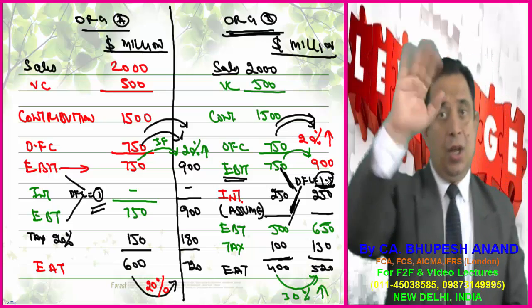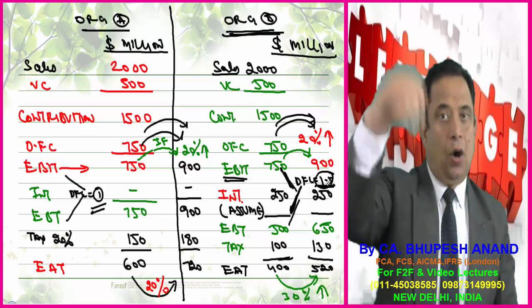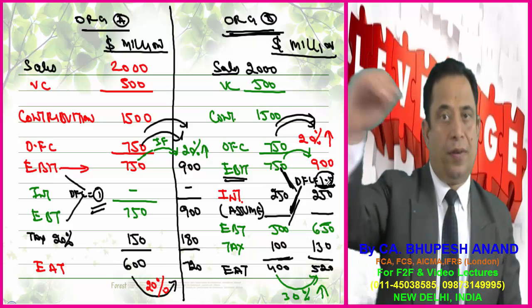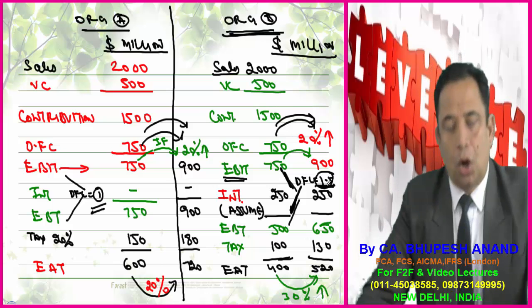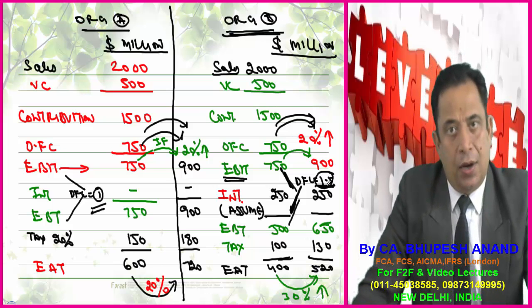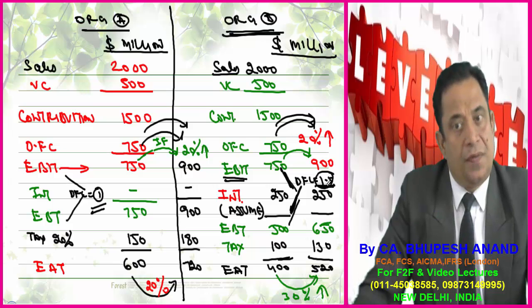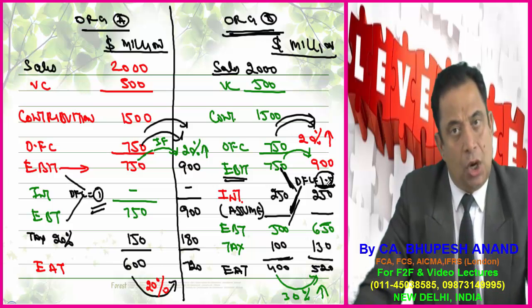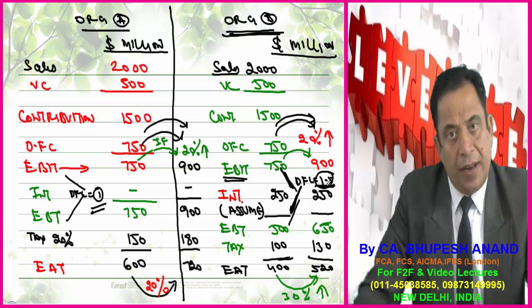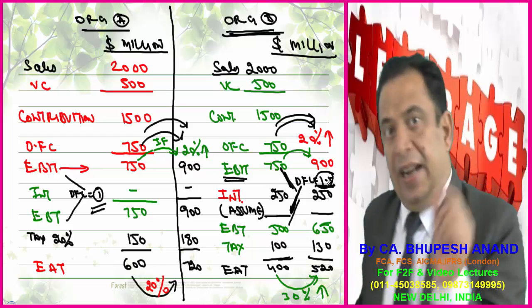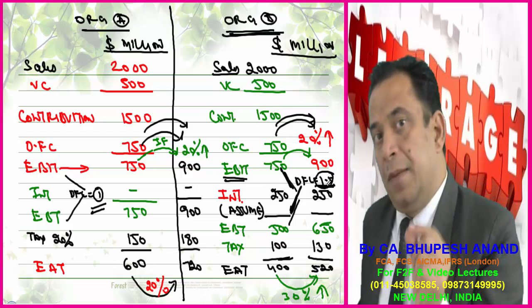My dear friends, today's lecture is on how financial leverage can magnify the effect of return on equity. Organization A and organization B. In organization A, the degree of financial leverage is 1, and in organization B, it is 1.5. In organization A, interest is missing because it is 100% equity.